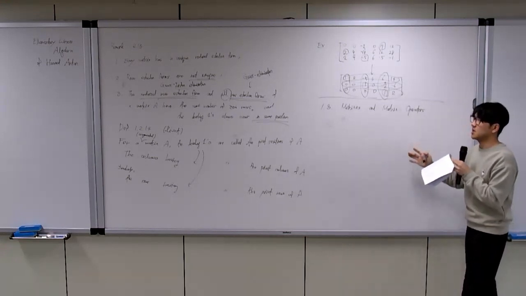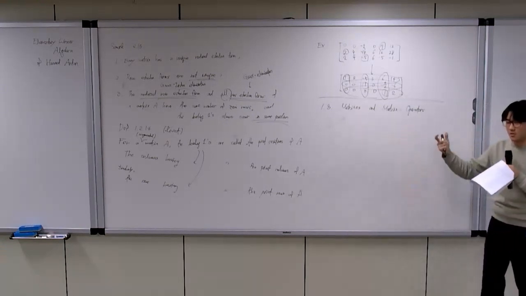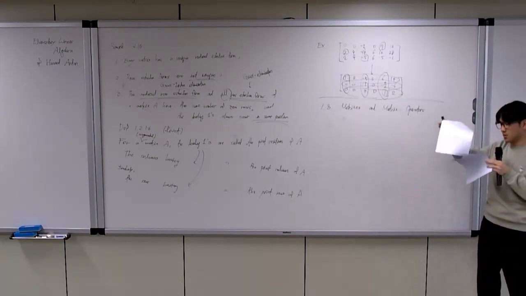So I explained a matrix is a rectangular array.